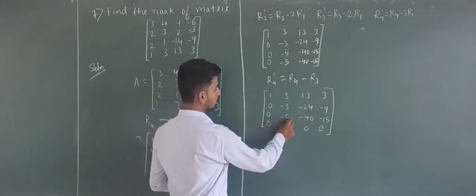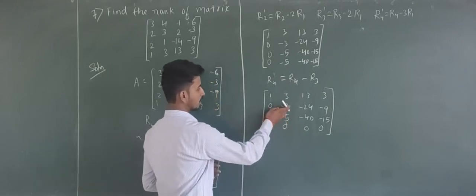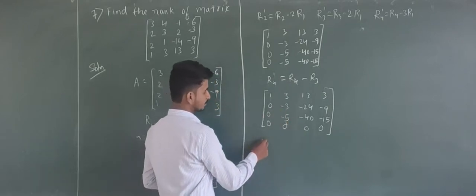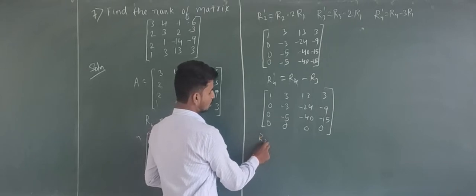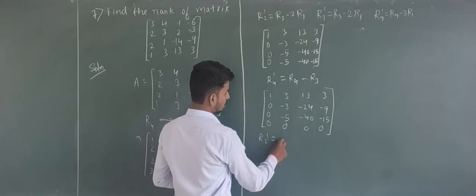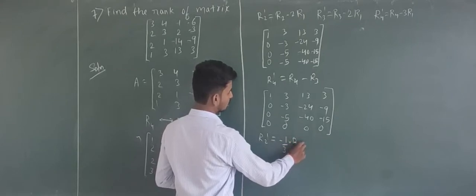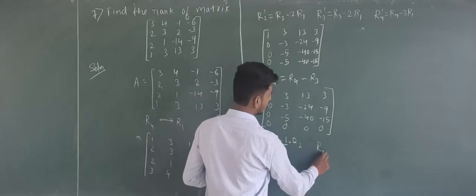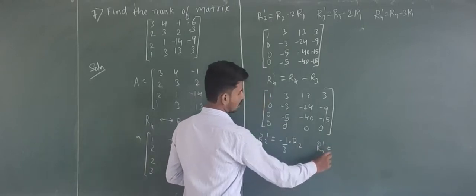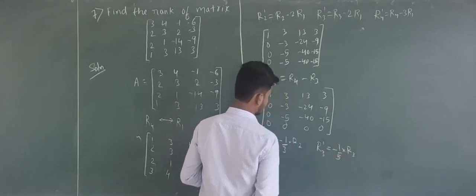First, what we will do here, we will reduce this row and this row, that is R2 dash equal to minus 1 by 3 into R2 and R3 dash equal to minus 1 by 5 into R3.